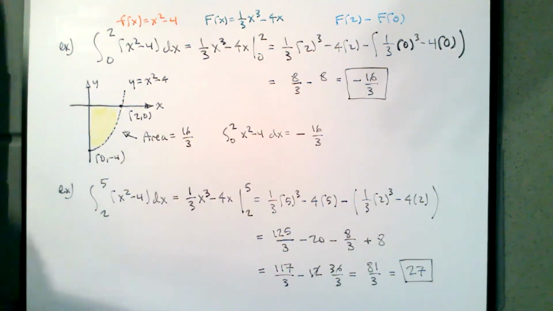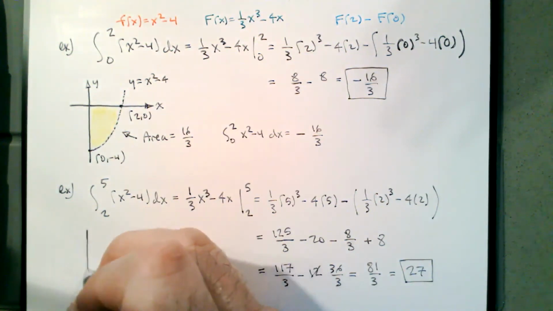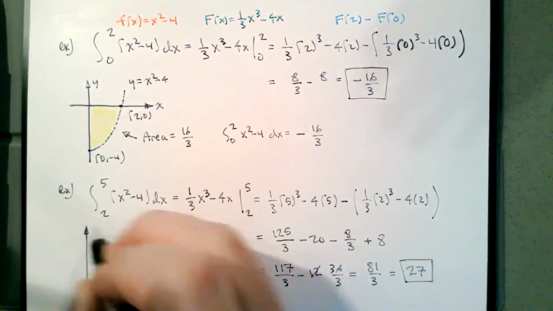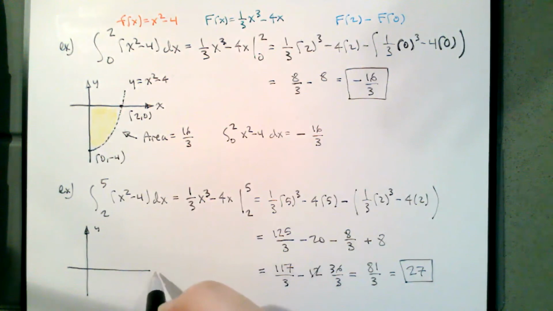So in this situation, we're looking at an area, but on the interval from 2 to 5, the function x squared minus 4 is above the x-axis.